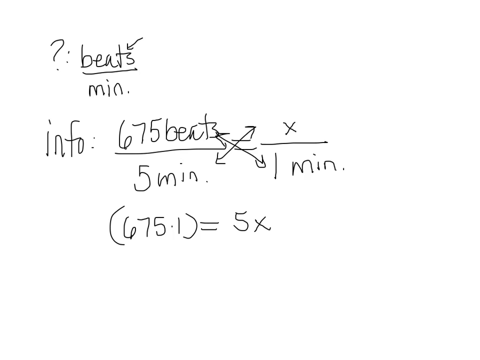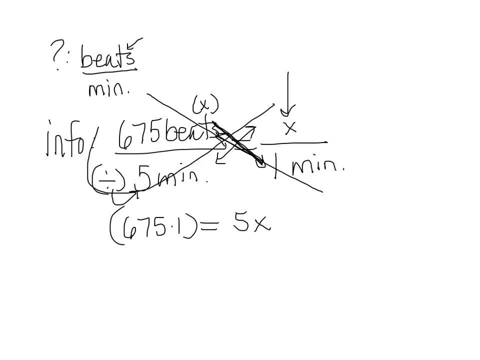Every single time you multiply the ones across from each other that you have numbers, and you get a product, and every time you're going to divide it by the second term that is not across from an actual number. Every time. So when you do cross multiplication, you can multiply, divide, and you'll get your answer.